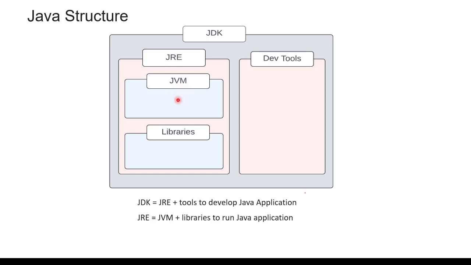To run any Java program, we need JRE. The dev tools and JDK are not required just for executing the program. For executing, we just generate the bytecode, and with that bytecode we need JRE to execute it. Without JRE we cannot run our Java program.